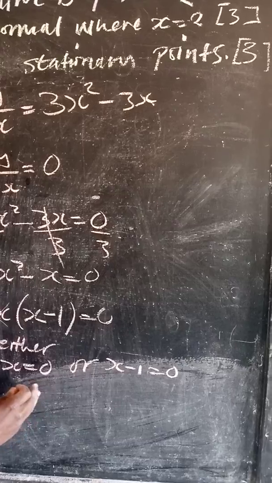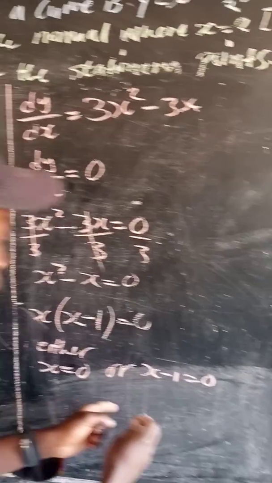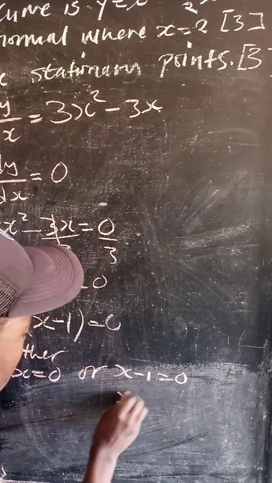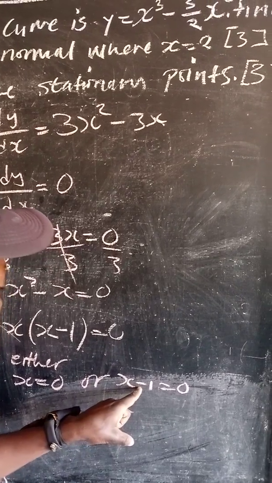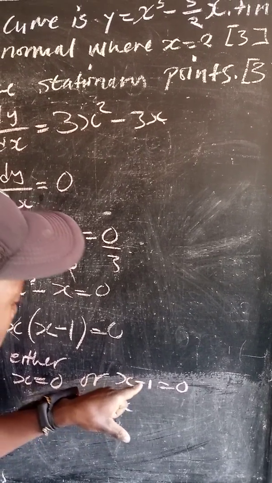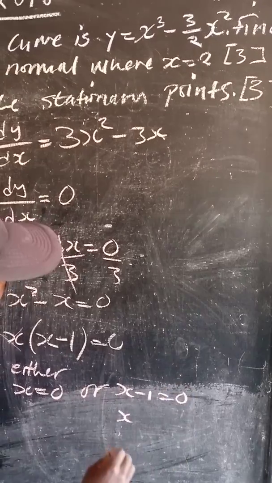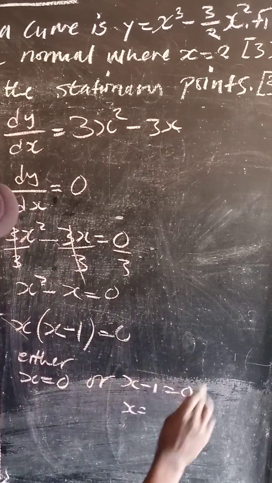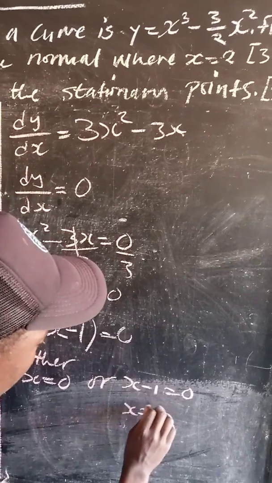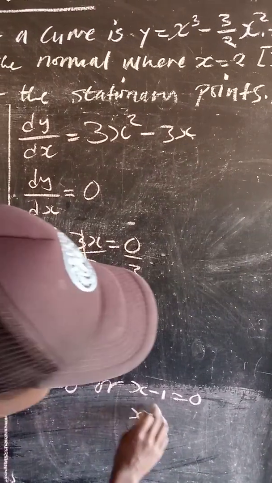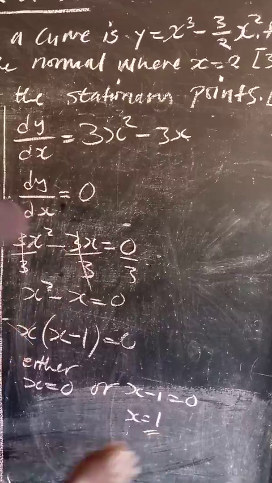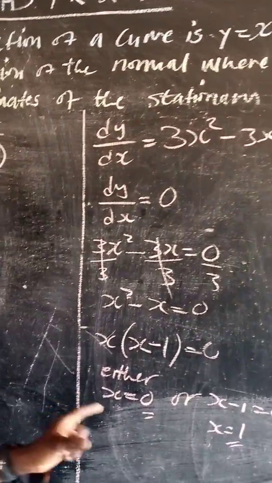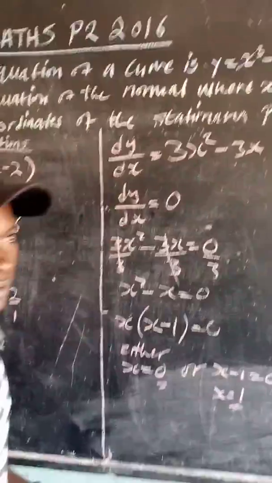So here we have x is equal to 0 or x - 1 is equal to 0. When negative 1 crosses the equal sign, it will be positive 1. So x is equal to 1. So these were the x coordinates.